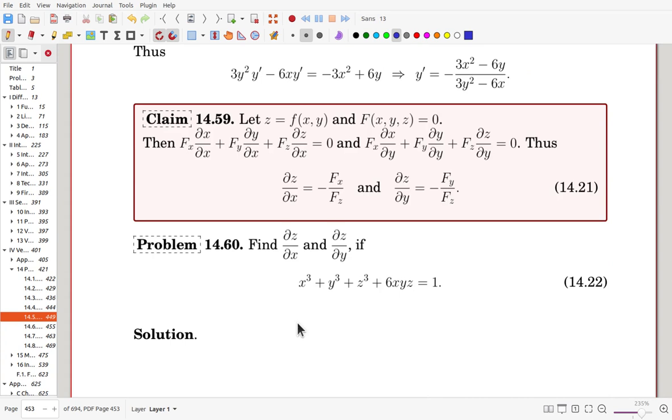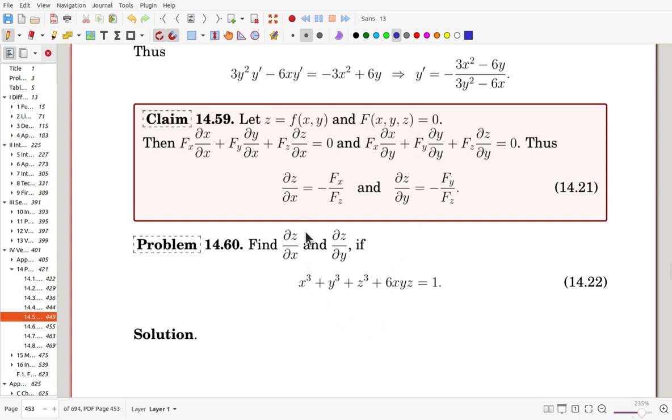That formula can be expanded for more than 2 variables. Z is a function of x and y. Then we consider capital F as a function of x, y, z. Once it is implicitly defined, then now we have this form like this one.